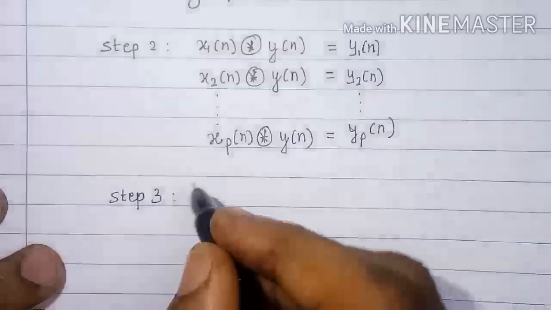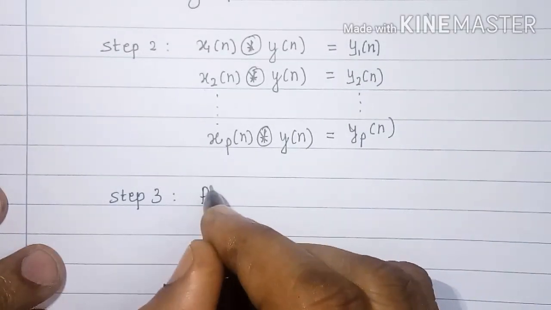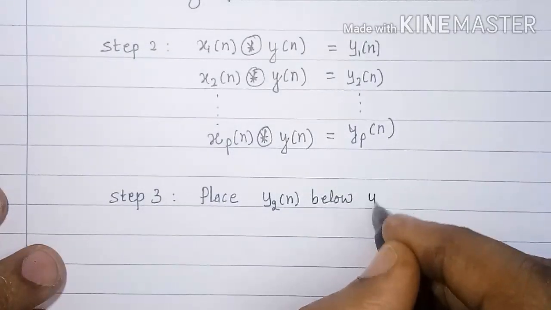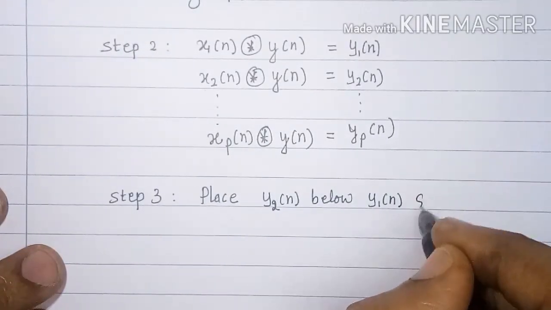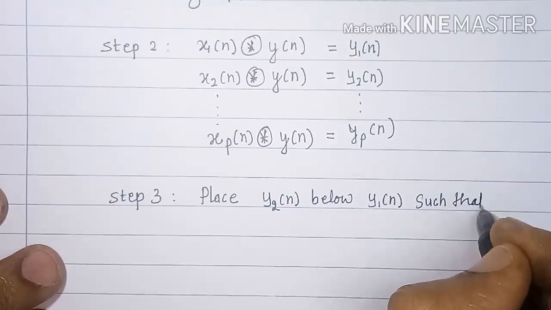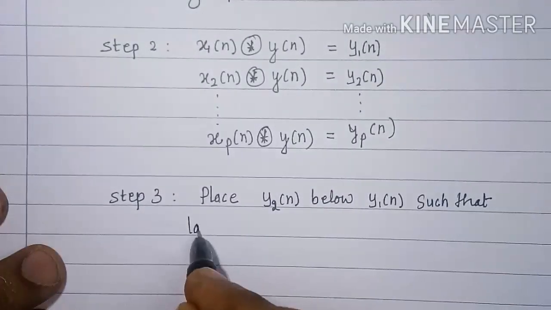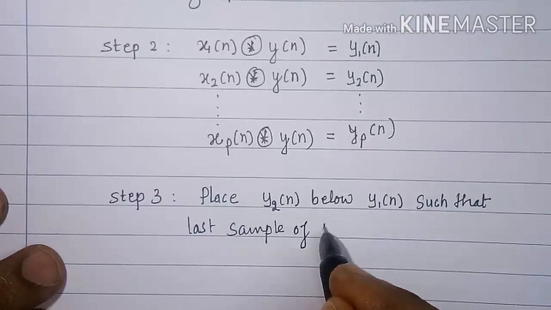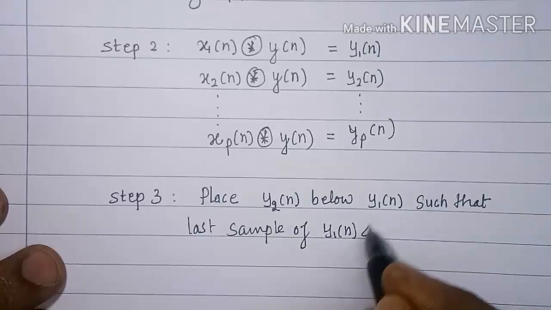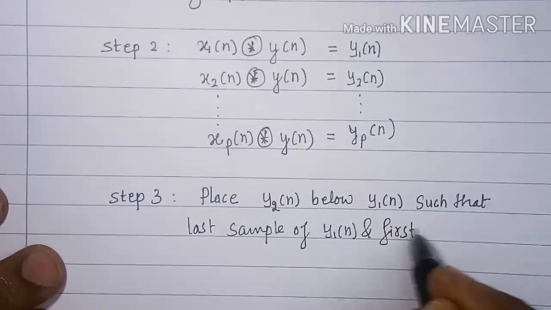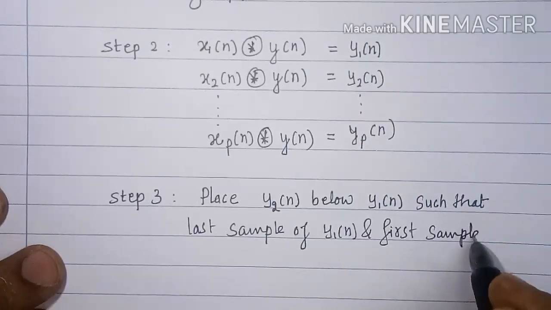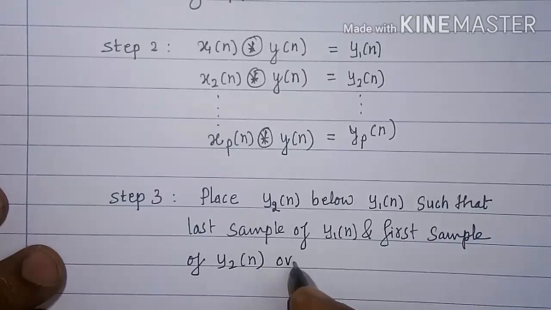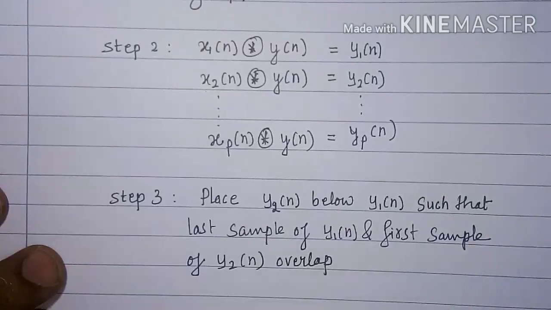Step 3. Place y2 of n below y1 of n such that the last sample of y1 of n and the first sample of y2 of n overlap.